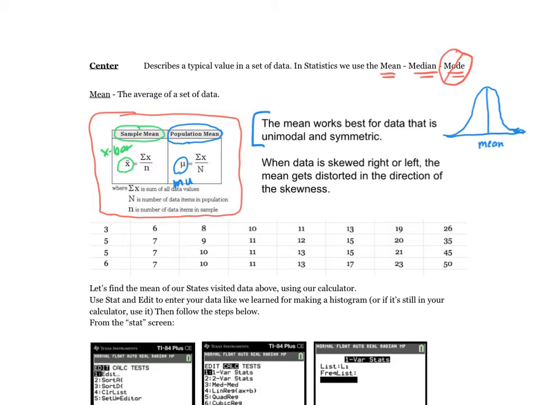So like in that NFL salary example earlier, that was skewed right, and you had a couple people making so much money. When you average those really high salaries in with the rest, it pulls the mean towards them, okay? So we need to be careful in skewed distributions. We don't want to use the mean as our measure of center.